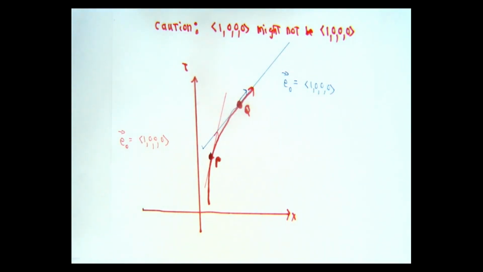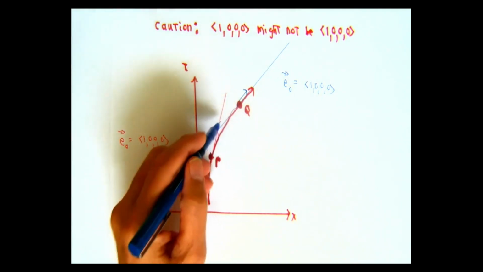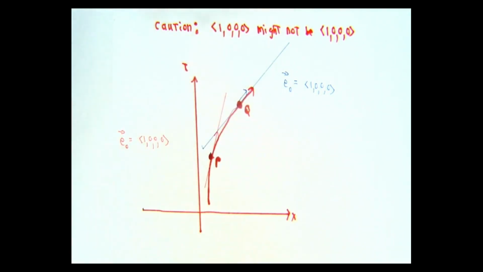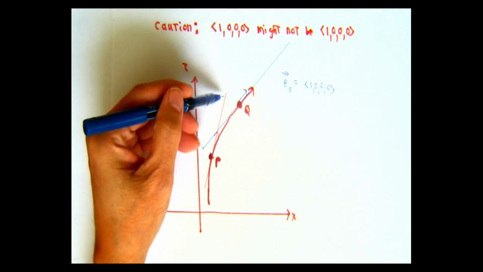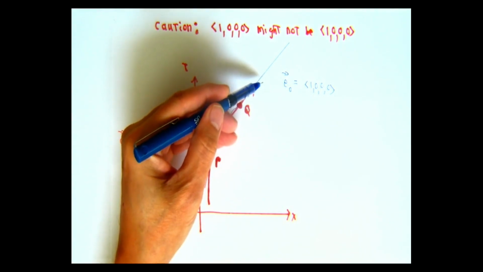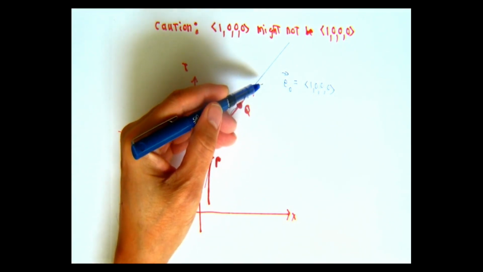Later on, at some other point of the world line, the person is momentarily at rest with respect to some inertial frame. The tangential direction gives the direction of the time axis. It also gives the direction of the time basis vector. This red line and this blue line don't point in the same direction.